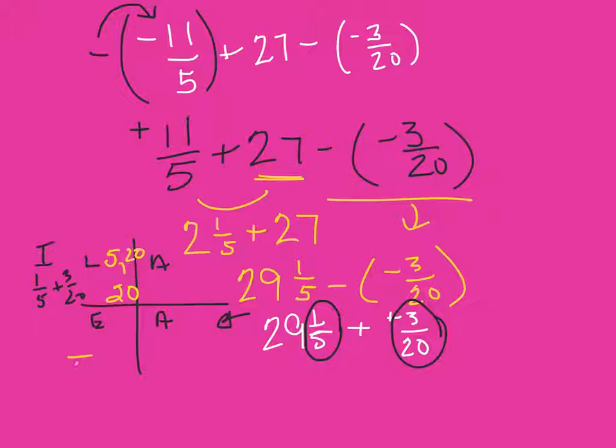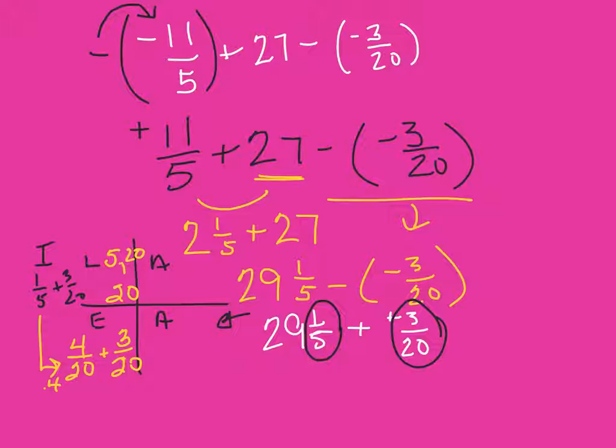So that means this is going to be some number over 20. Let's kind of fix this here, actually, so that really looks like an E, so we're not confused when we look back at it. So some number over 20 plus some another number over 20. I know that second number is 3/20 because that's what it started as. So I just have to say, how do I get from 5 to 20? Well, that's times 4. So 1 times 4 is 4.